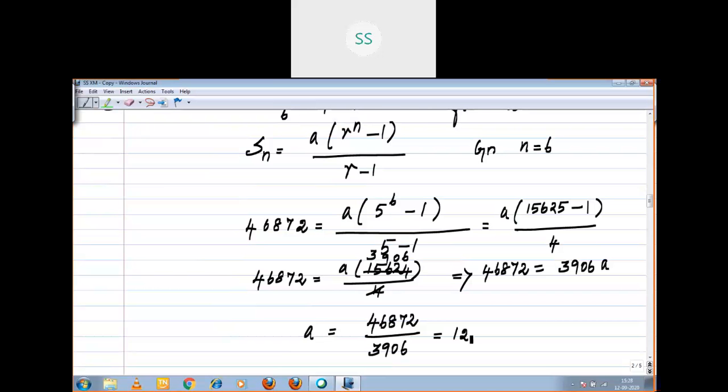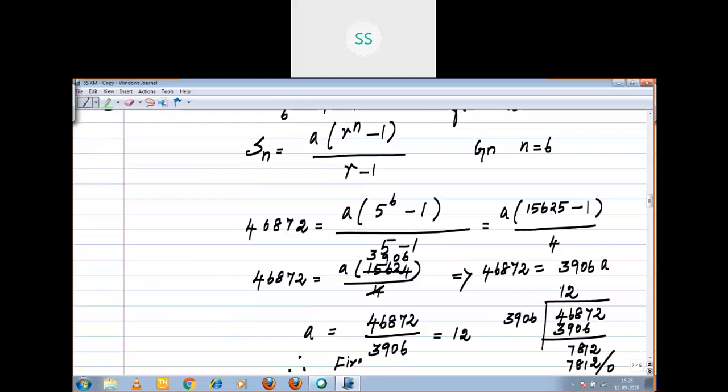Now we are going to divide 46872 divided by 3906. A equal to 46872 divided by 3906. When you divide, you can get 12. 3906 one time, 1 8, 16, 9, what does it become? 7.